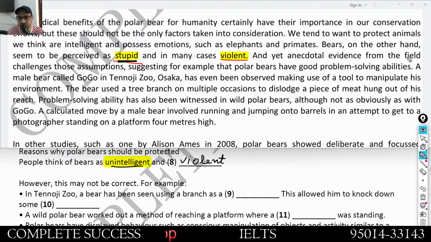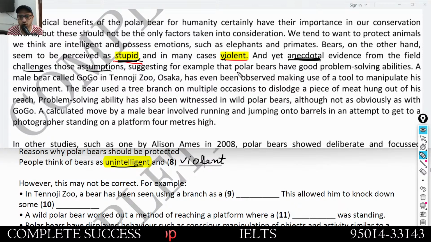Yet, evidence from the field challenges those assumptions. Anecdotal means kind of story evidence, not factual, but story evidence that we get from the field challenges those assumptions. They say that no, it is not stupid, not violent.